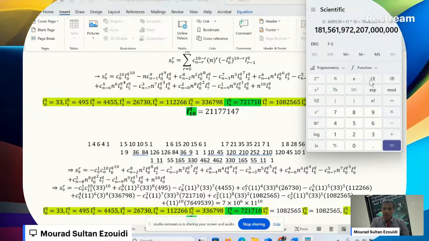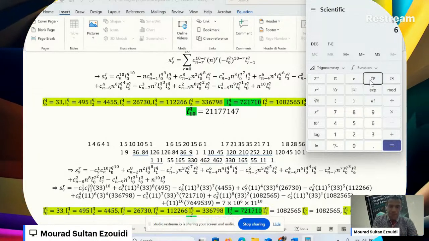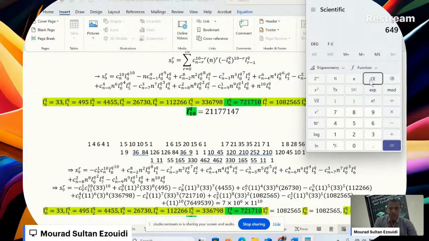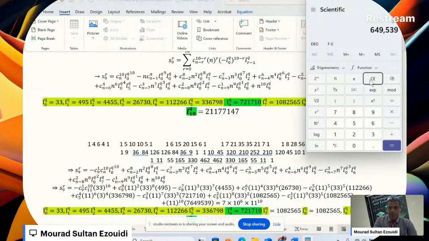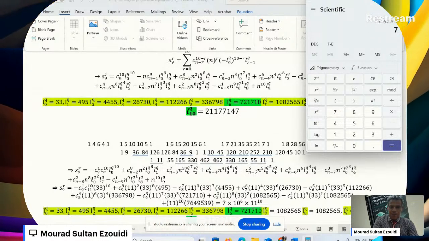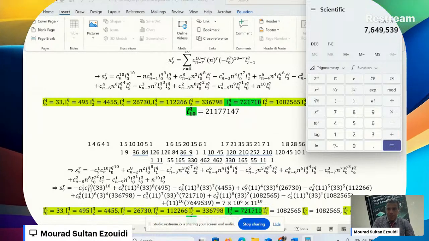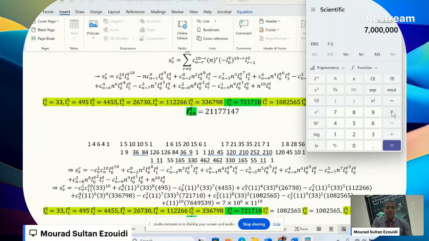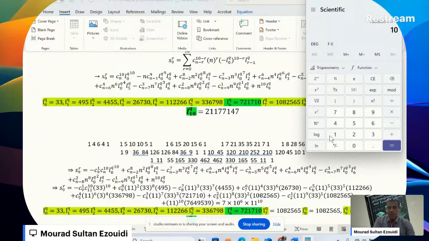It will be negative 6,649,539 plus 7,649,539, which is equal to 7,000,000, multiplied by 11 raised to the power 10.